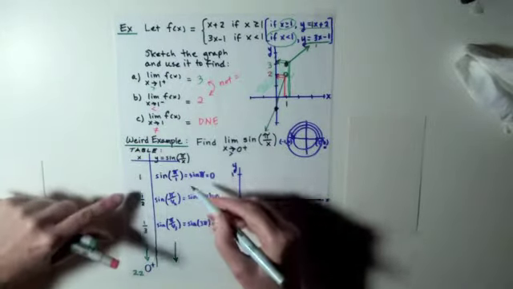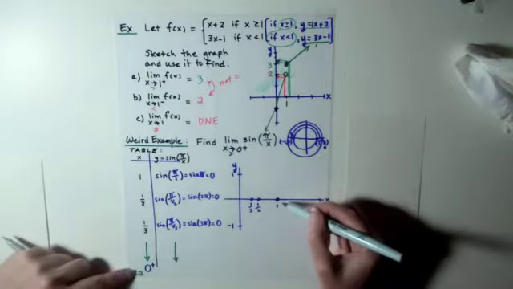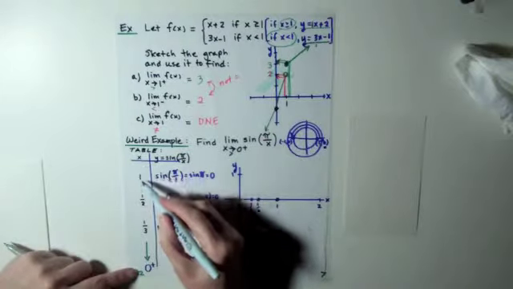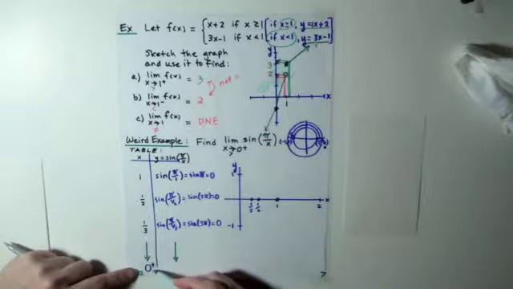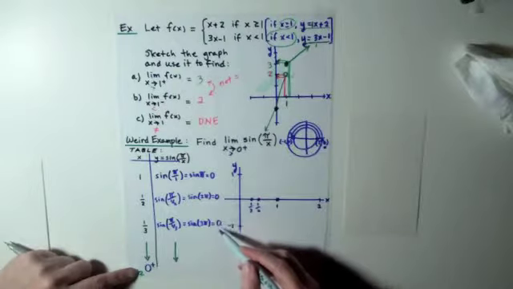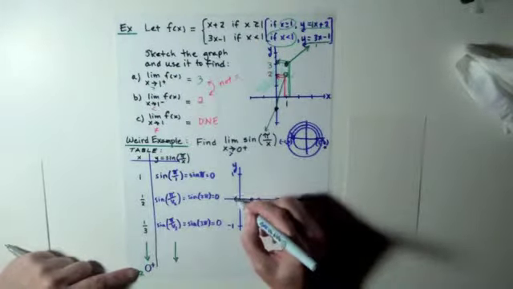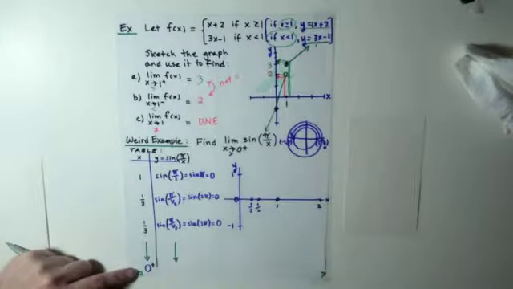From this scattered information in the table, or this scattered few points that I've plotted, it appears as if when x is approaching 0 from the right, the outputs are all equal to 0. Not only are they approaching the value 0 on the y-axis, they're all equal to 0.